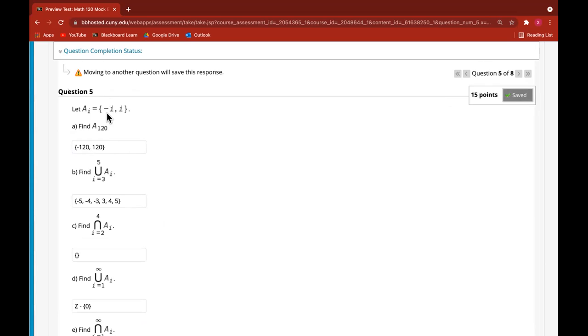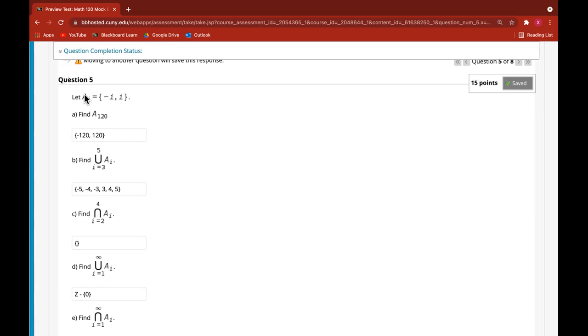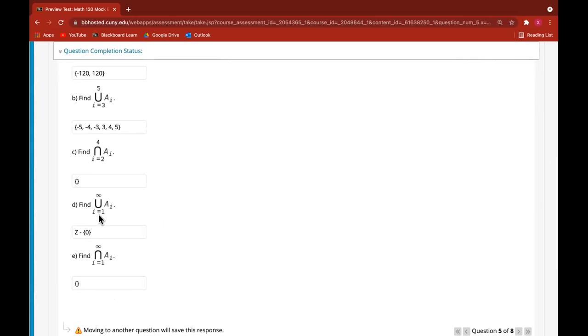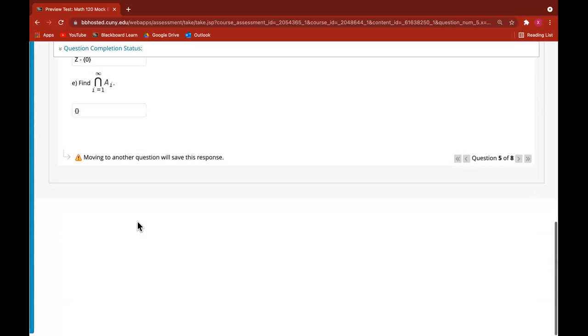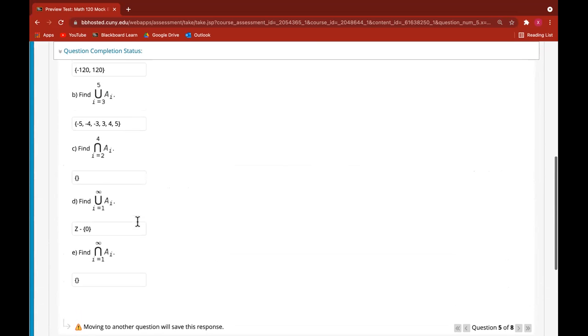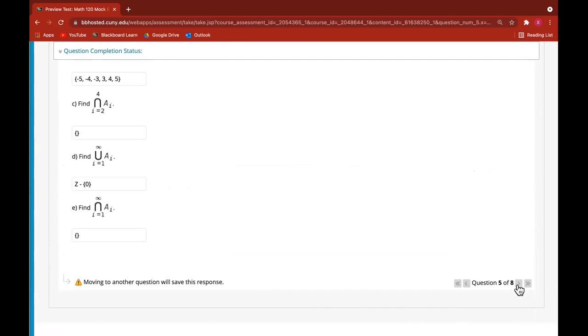Each set will have the positive i and negative i. So if you union from A1 to infinity, then you will have -1, 1, -2, 2, -3, 3, and so you have all the negative integers and the positive integers. Oh, okay.